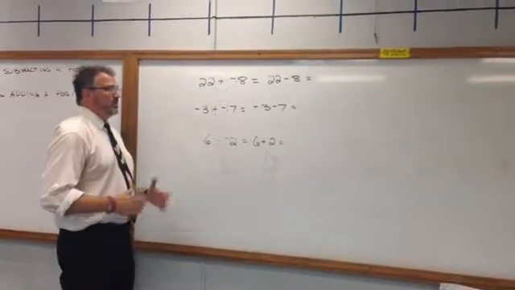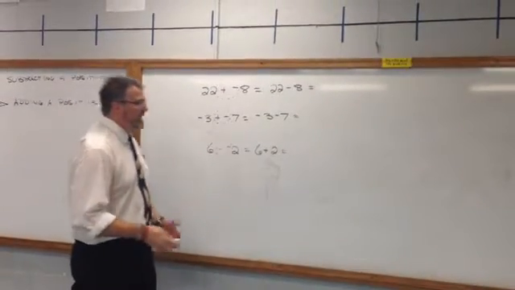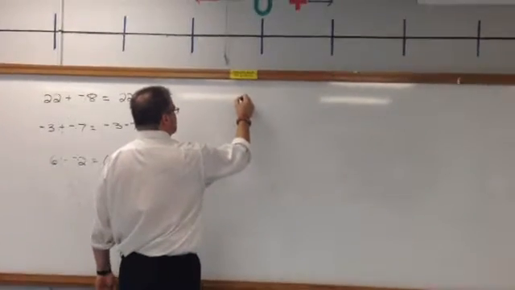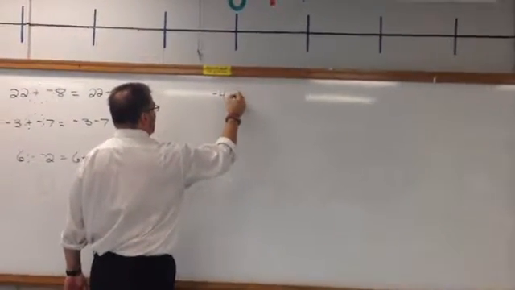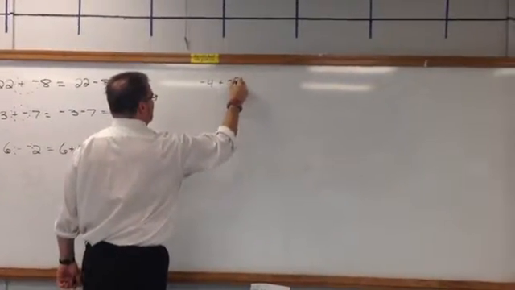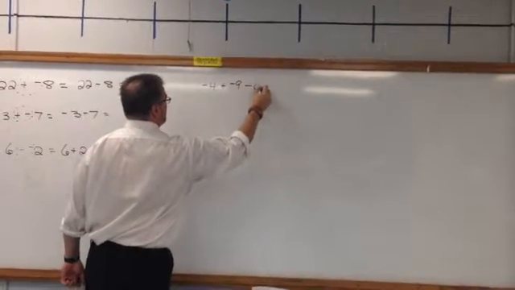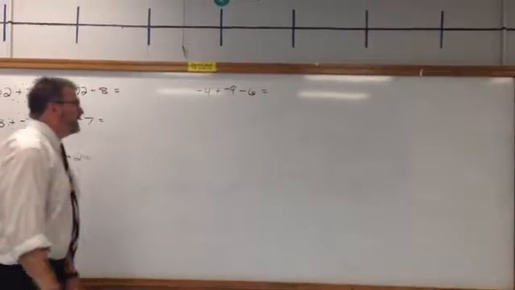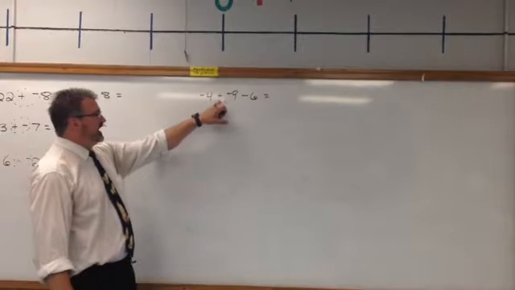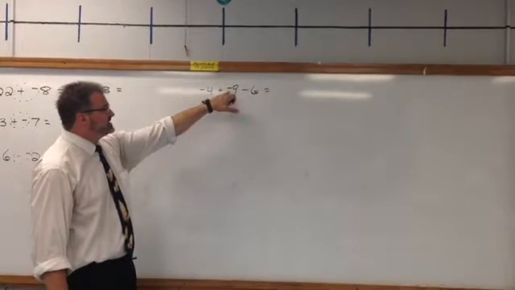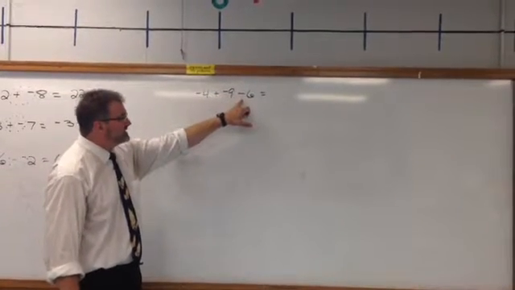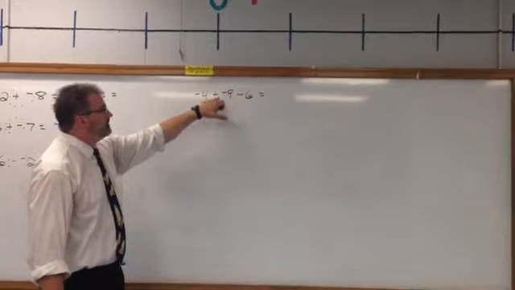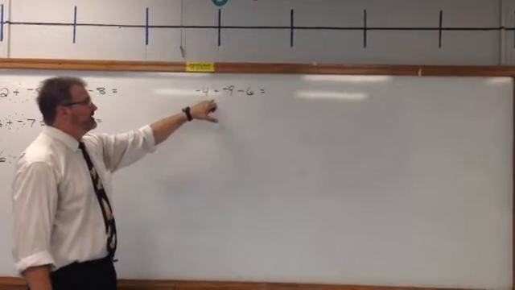Last thing I want to do, close with this, and that is, it doesn't matter what happens after. Okay? We only have one double sign. We have two operations here, plus a -9 and then minus a 6, but the double sign is only right here.